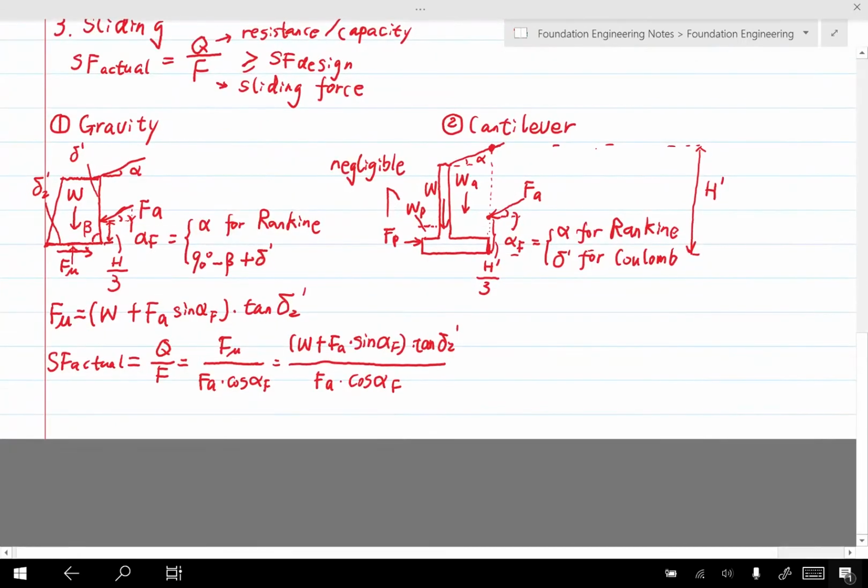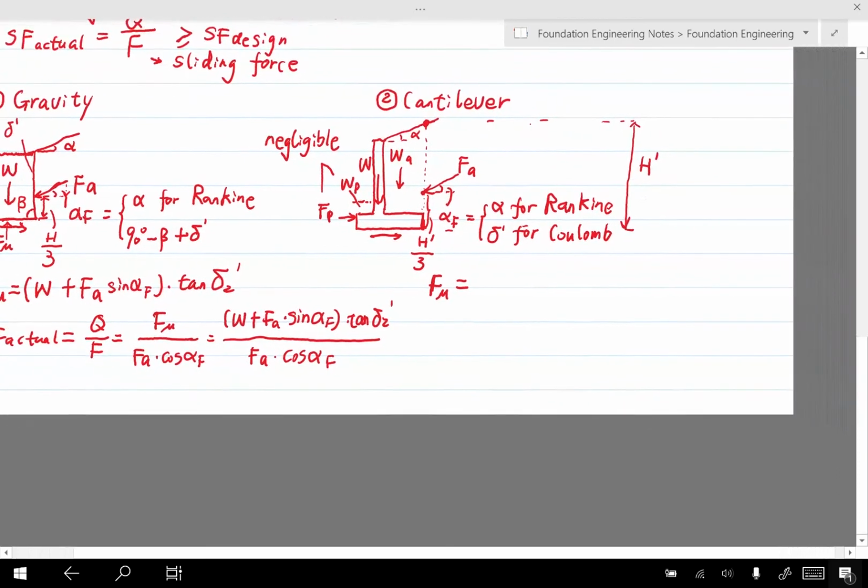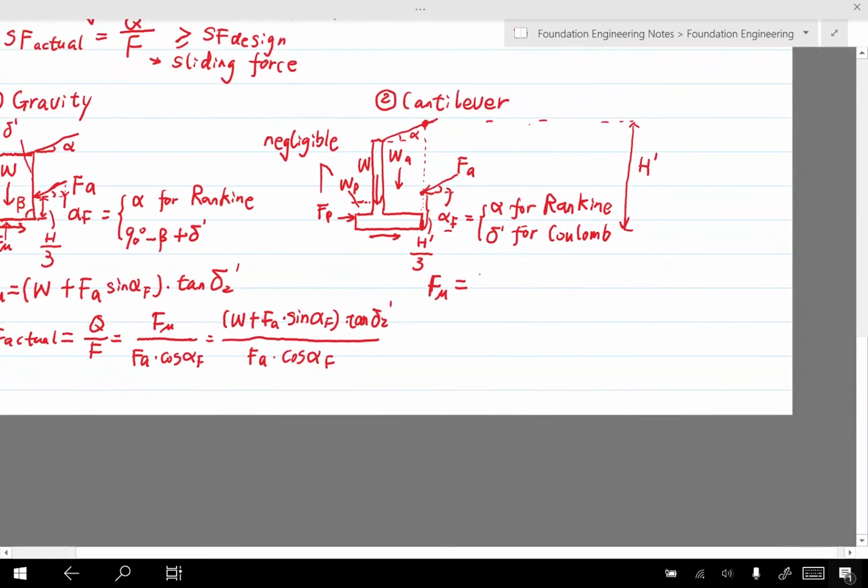We can use the same way that we adopted for getting the actual safety factors for the cantilever wall. Let's try to get the equation for the friction force first. The friction force is the product of the normal force and the tangent of the friction angle. For the normal force, let's see which forces act downward.